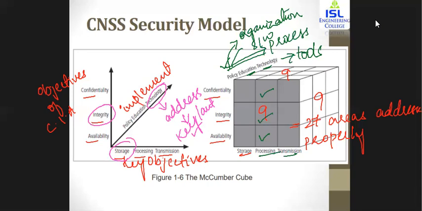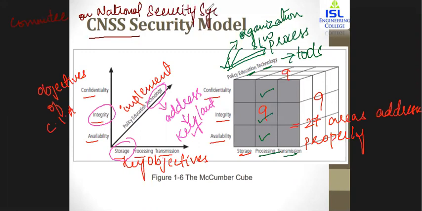This is the NSTISSC security model. Now in here, the name that is given is the CNSS security model. This name CNSS stands for Committee on National Security Systems.